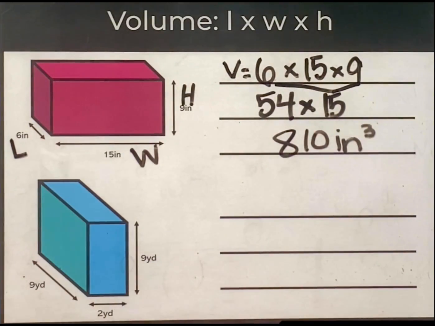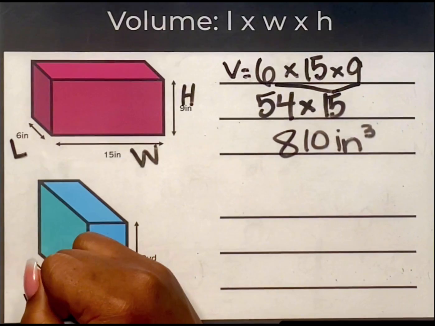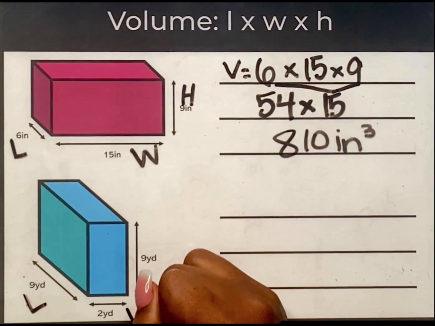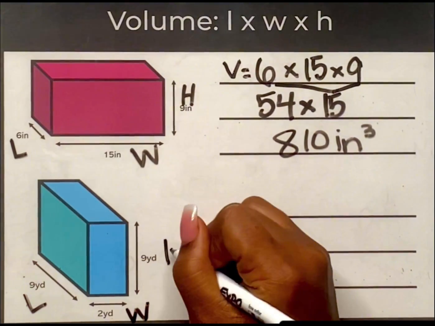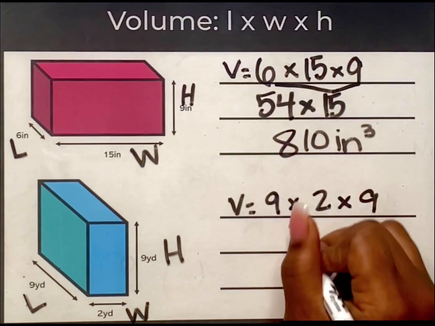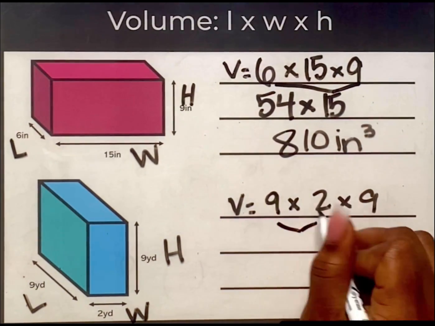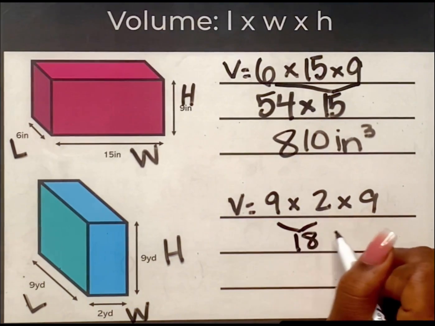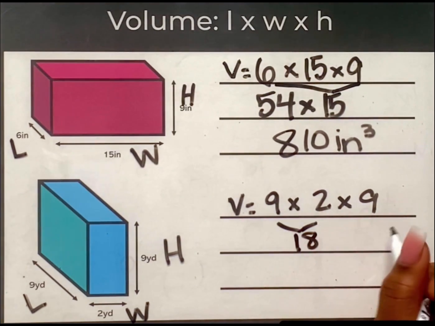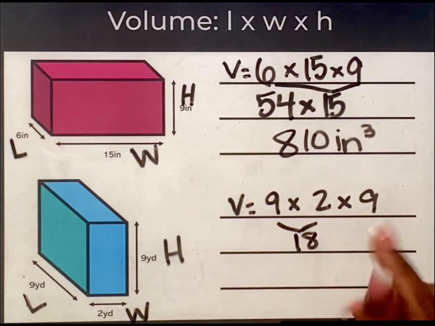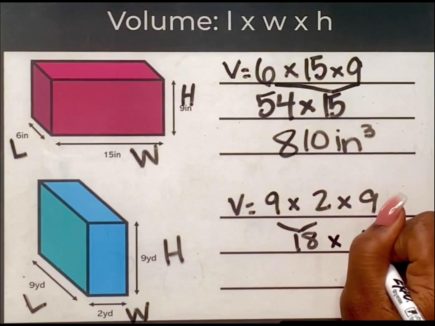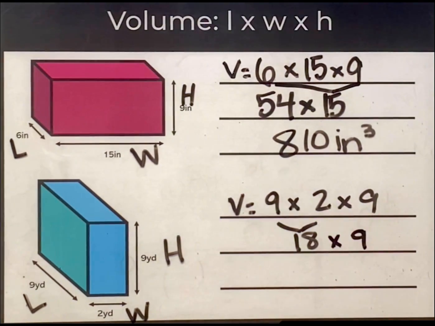Now, the last one, we're going to label our dimensions. This is our length. This is our width. This is our height. Now we're going to solve again. 9 times 2 is 18. You could have said 9 times 9 was 81 and 81 times 2. Whichever way, you get the same thing. 18 times 9.